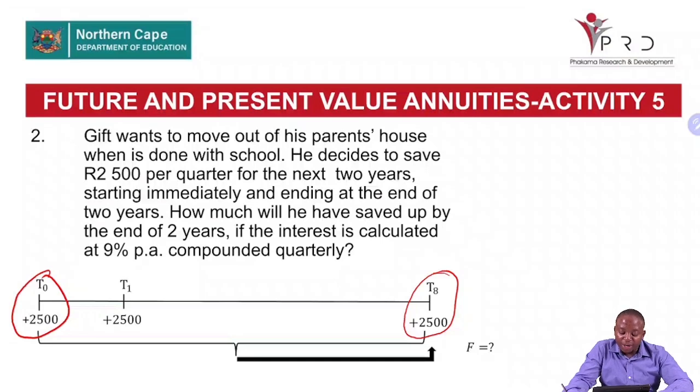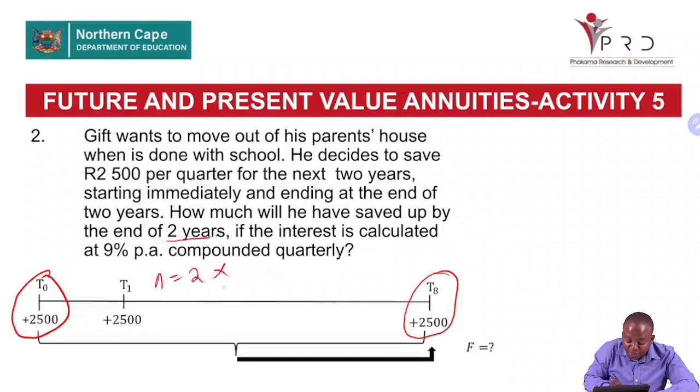How much will he have saved up by the end of 2 years if the interest is calculated at 9% compounded quarterly? So our N in this case is the period of 2 years. The total number of payments will be 2 times 4, since compounded quarterly means multiplied by 4, which equals 8.